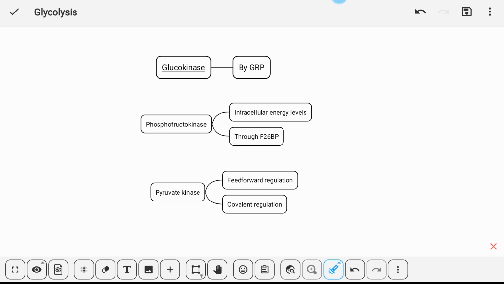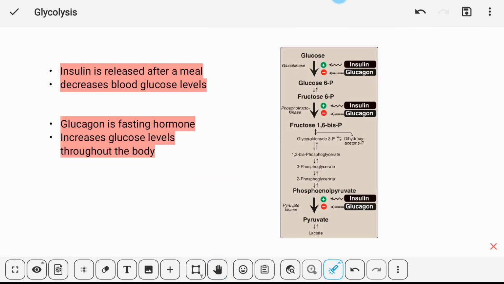Now let's have a look at the hormonal regulation of glycolysis. First of all, insulin is released after a meal, and its main aim is to decrease blood glucose levels and deliver more ATP and more energy to the body.